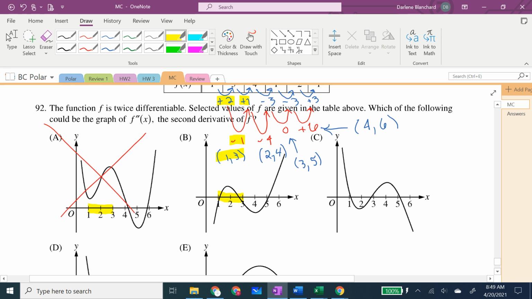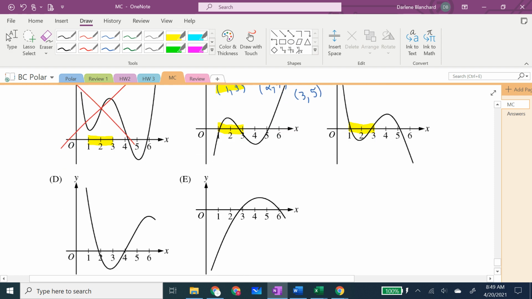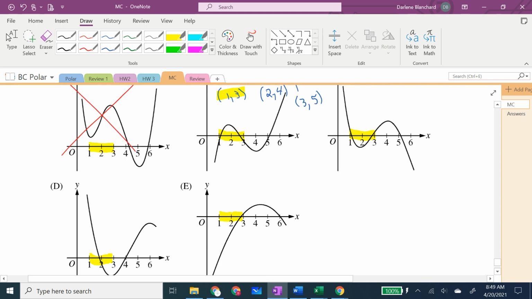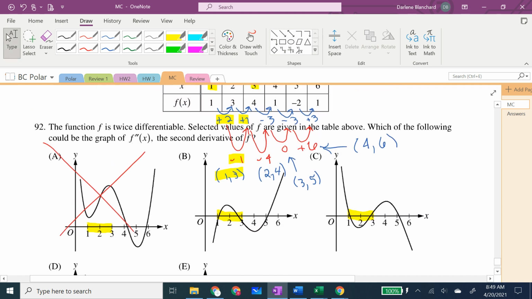Not much, but I do. Somewhere between 1 and 3, do we have a negative value? Yeah, we do. Yes. Yes. So only the first one was cast out on that.